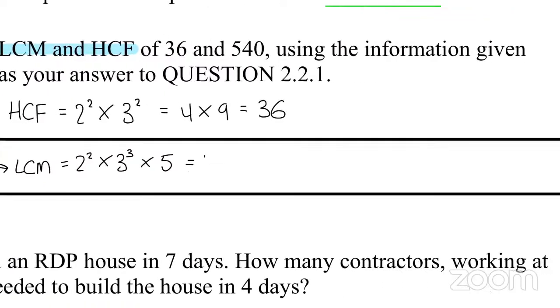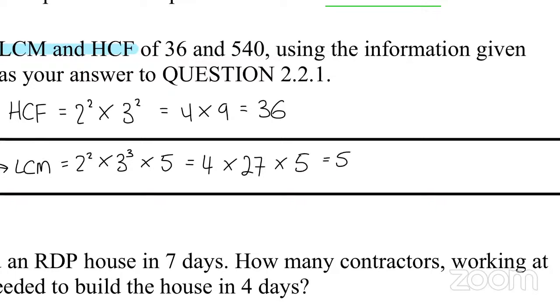This is equal to 4 times 27, because 3 cubed is 27, times 5. 4 times 5 is 20, 20 times 27 is 540.